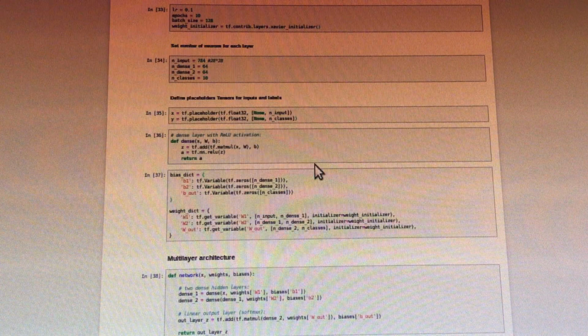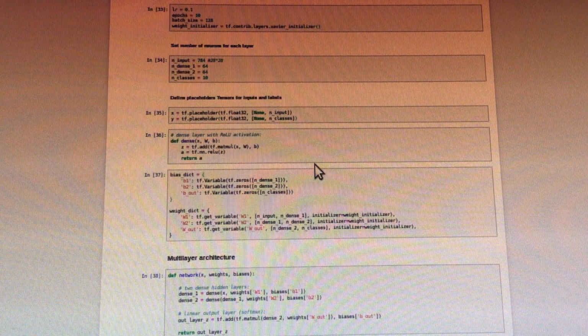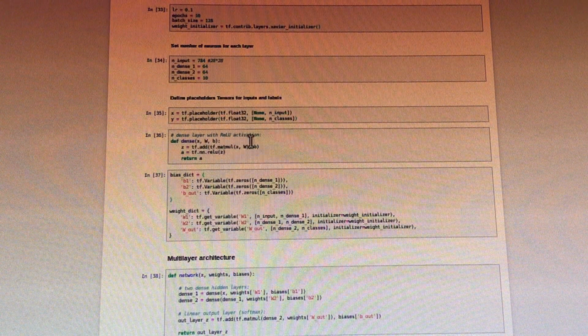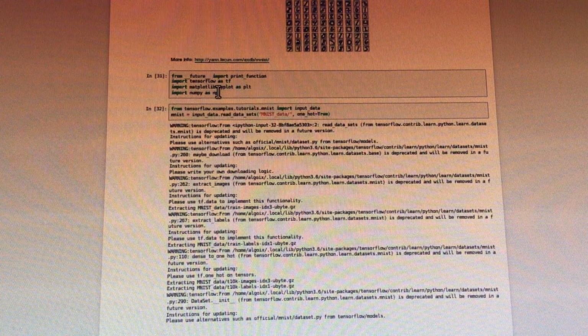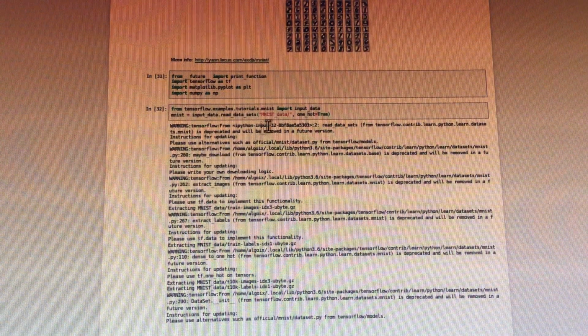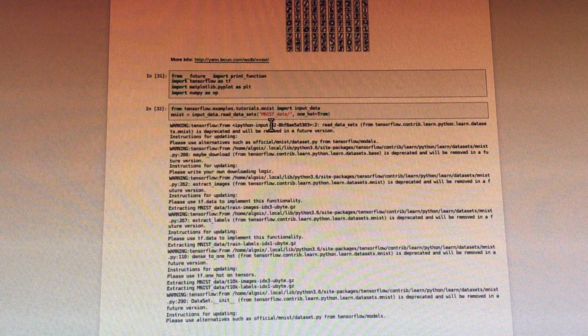Previously we used activation functions like sigmoid, and here we are using ReLU. Now we are importing matplotlib, TensorFlow, NumPy, and we are loading the data.